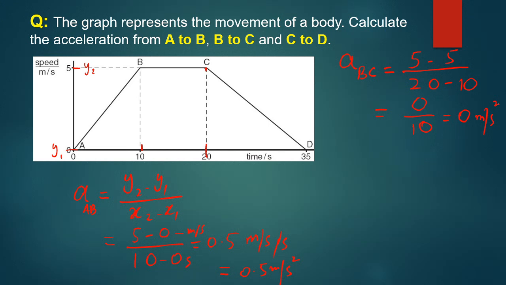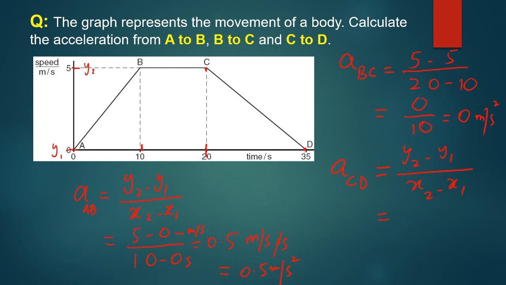Now we are going to see acceleration from section C to D. Here we are going to use y2 minus y1 over x2 minus x1. So y2 is the final point where the object is going to stop.